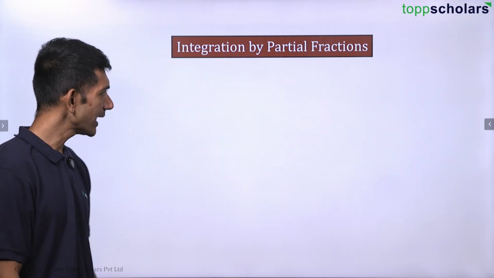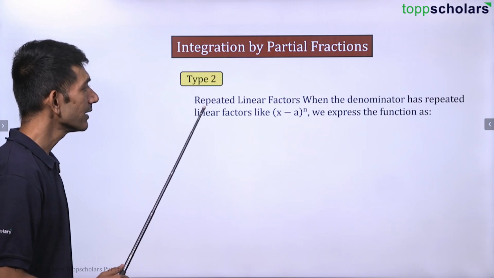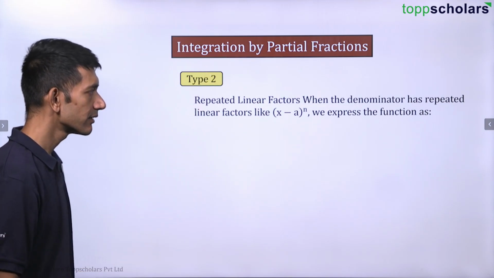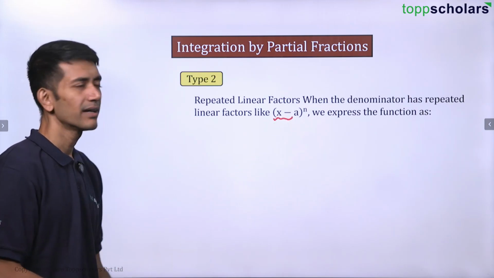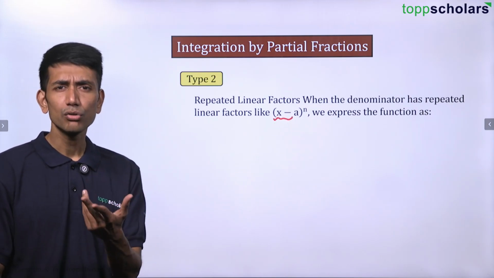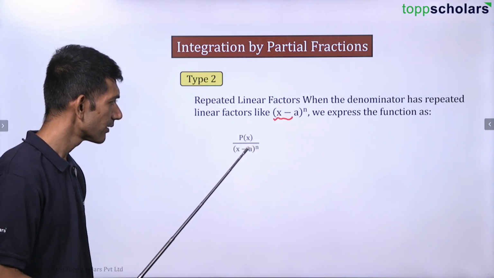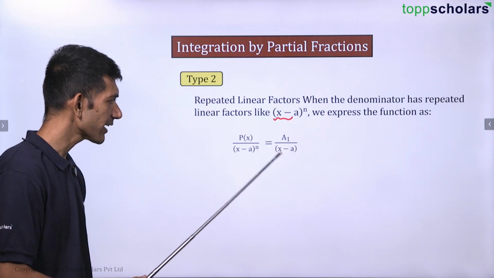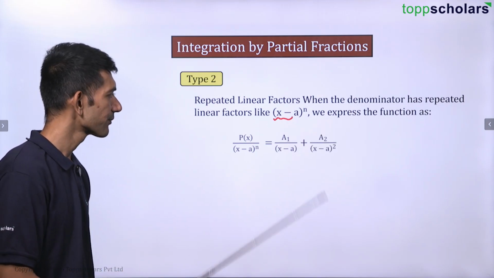Let's further continue that. Now understand, we have repeated linear factors. When the denominator has repeated linear factors like x minus 2 the whole square, x minus 5 the whole cube, we express the function as a1 by x minus a plus a2 by x minus a the whole square.